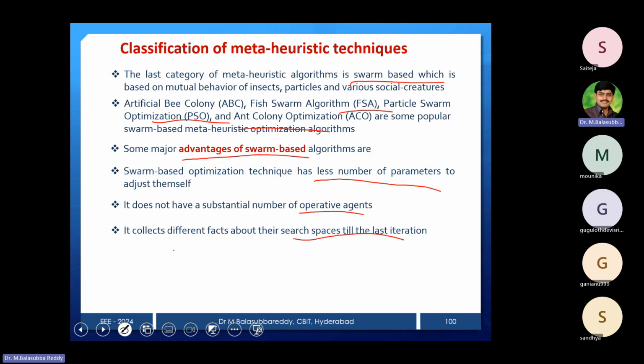Let's assume that four members want to go to some other building randomly. Preferably they will expect to travel less distance and at less cost. Like that, we may have different objectives or maybe some more constraints also. All four members are moving randomly, then after one point of time they can exchange their information: what is your location, where is the optimal location, and whether you are moving towards the optimal value or not.